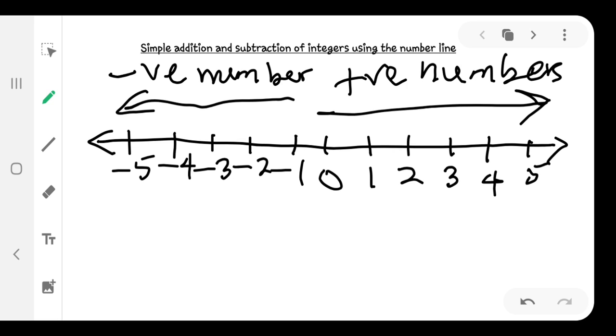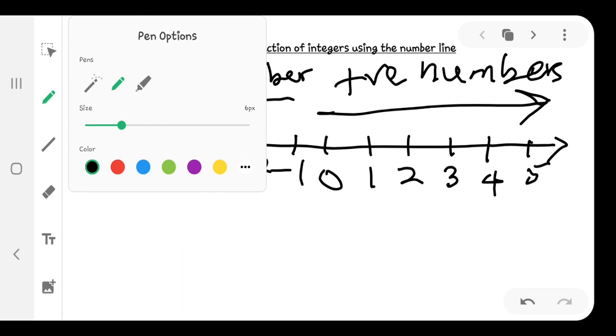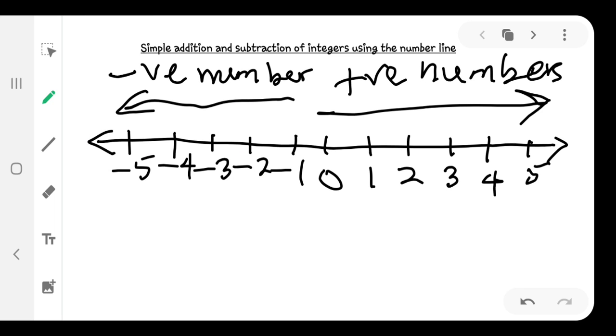We are going to look at how to use the number line to add numbers. If we are given an addition, for instance 2 plus 4, it's easy to calculate because both numbers are positive. You can even count, and that gives you 6. You can use a number line to work this out as well.